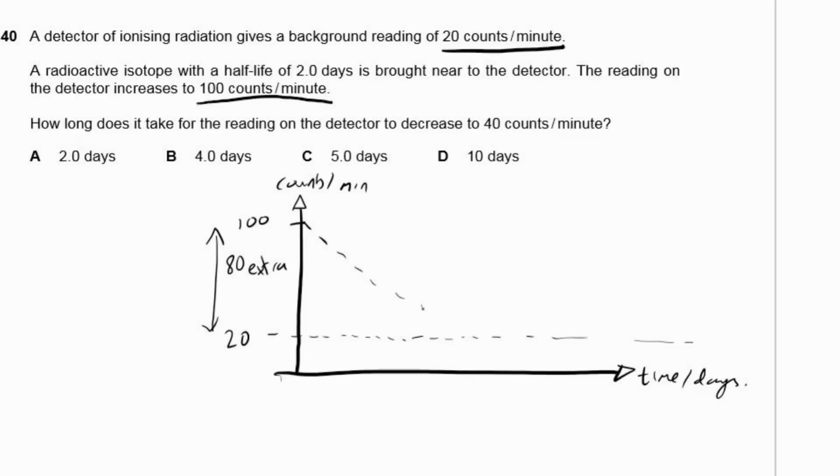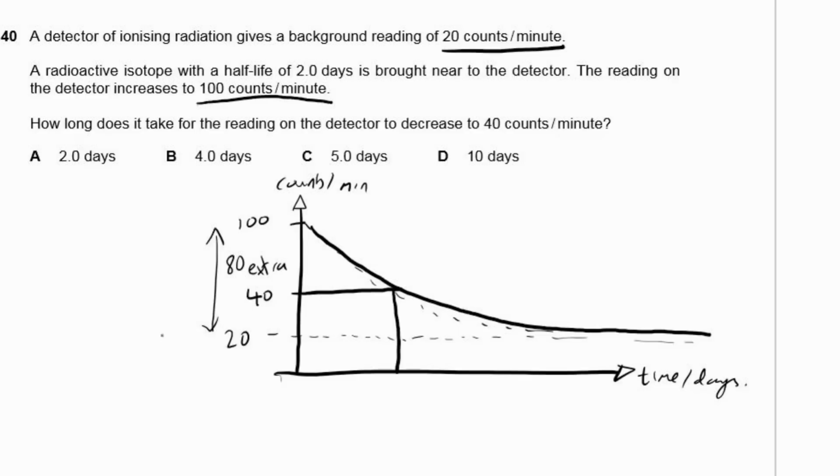And what we want to do, I can draw a straight line, why not? There we go. We want to find out when the count will be 40 per minute. That's what we're interested in.